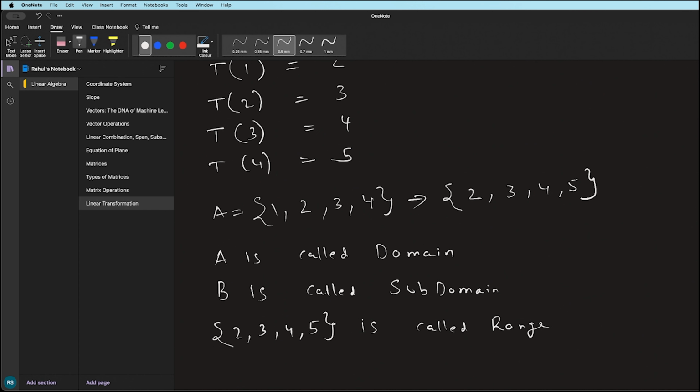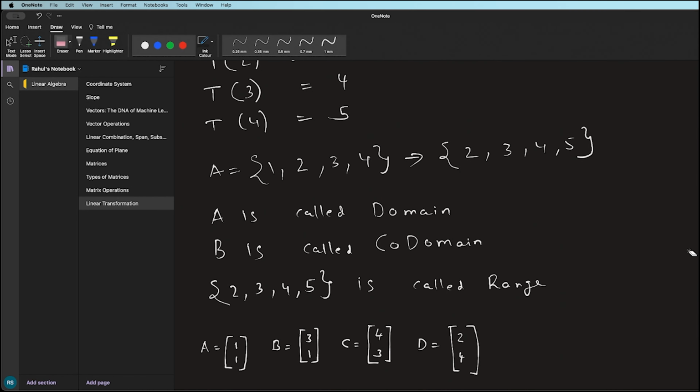Oops, I said this set B is a subdomain. My bad. This is not subdomain, but codomain. So it is the space where the output lives.